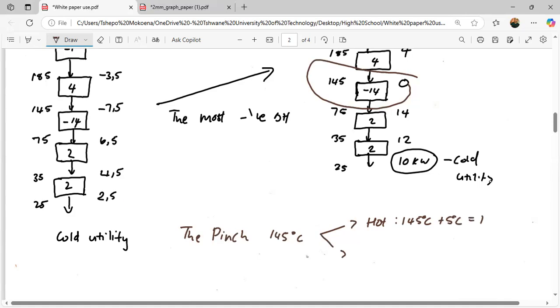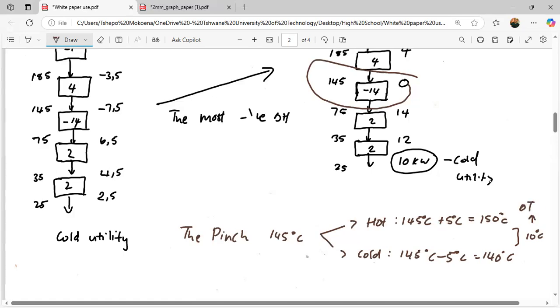This will give us 150 degrees Celsius. And then for cold, the very same numerical value, we subtract 5 degrees Celsius, and this will give us 140 degrees Celsius. Recall that delta T minimum, which is 150 minus 140, is supposed to give us 10 degrees Celsius.